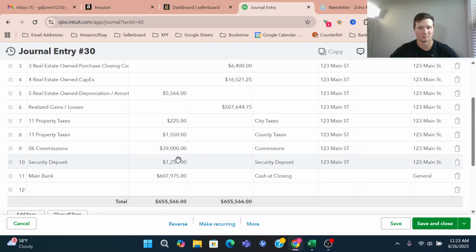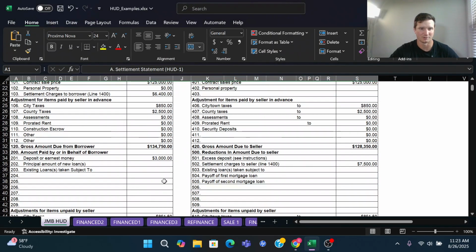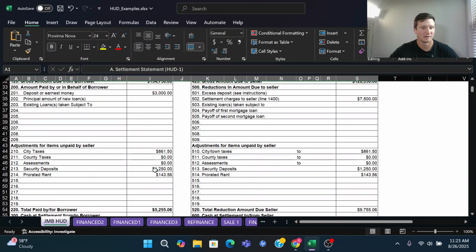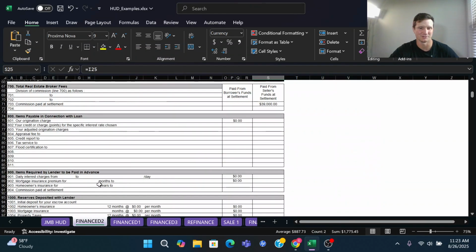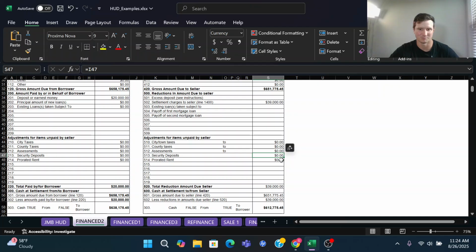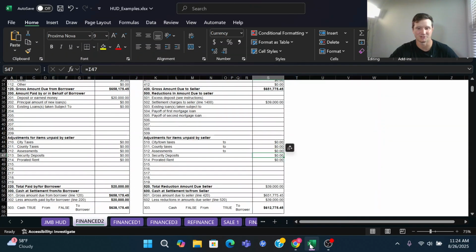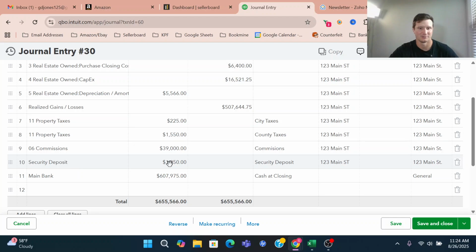But for when we bought it, we got $1,250 right here from the security deposit, and so it's not even on this right here technically, which we're zeroed right here, but I already had it on my QuickBooks, so to make sure that our balance sheet is zeroed out completely, had to throw it right there.